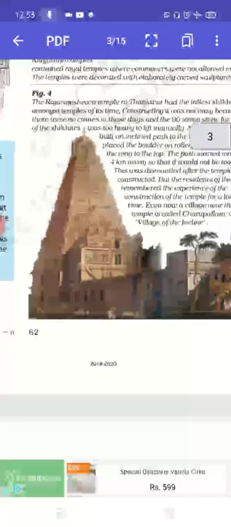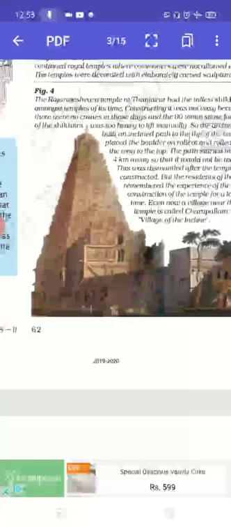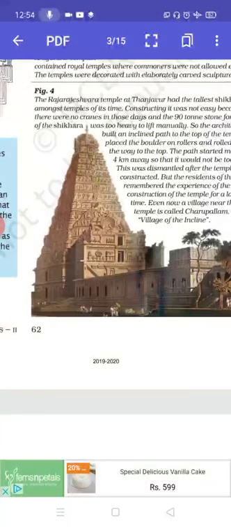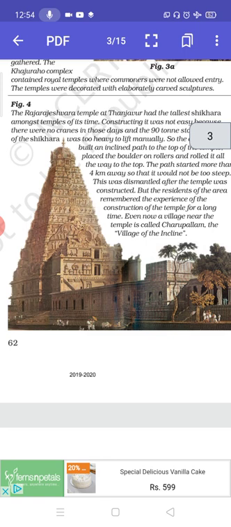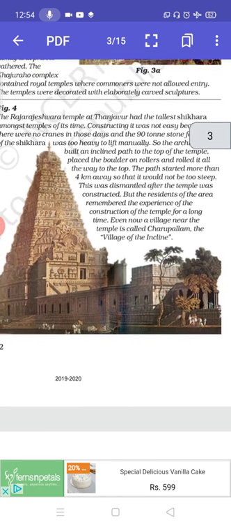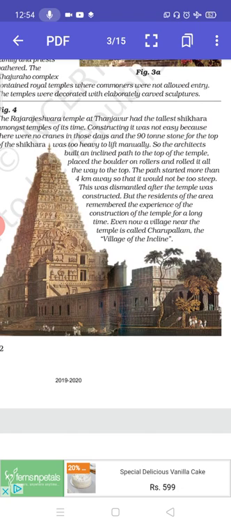So since the shikhar was too high, in that era they didn't have cranes to carry these stones to the top. So what they did was, they made an inclined plane, so that they could easily take them to the top.